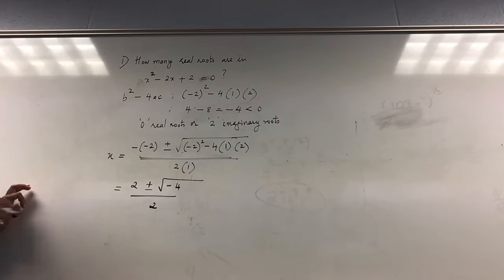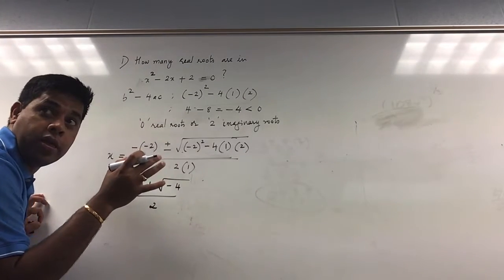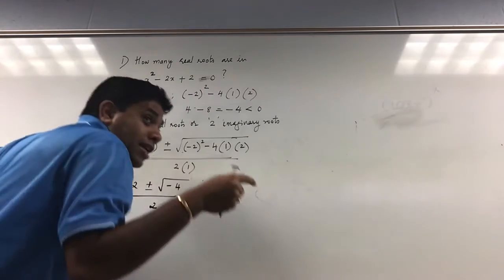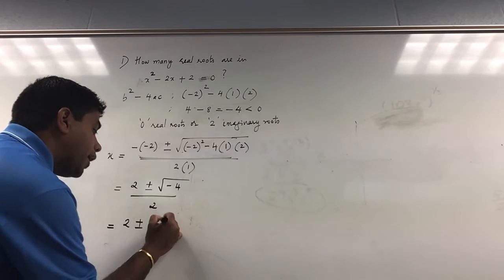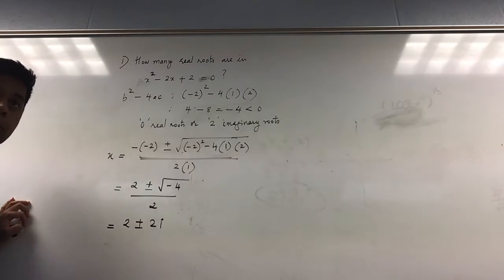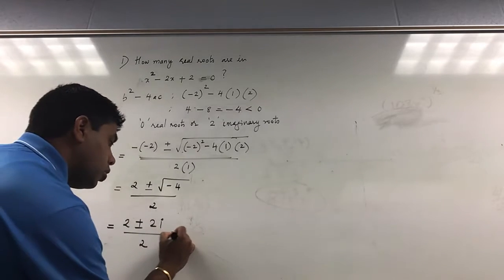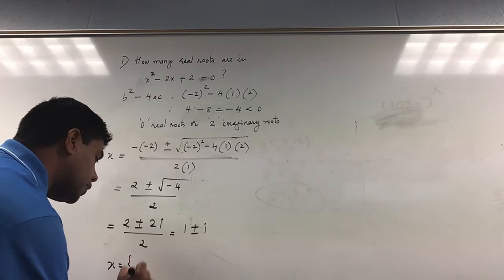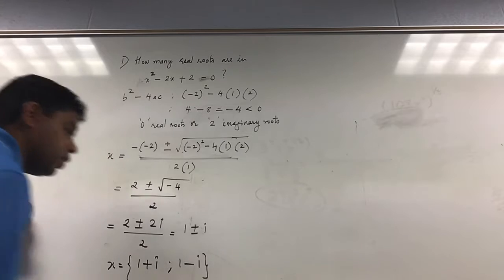We talked about i, remember, the imaginary? What is the square root of 4? 2. But what is the square root of negative 4? 2i. Divided by 2, 2 is common, so it becomes 1 plus or minus i. So the roots are 1 plus i and 1 minus i.